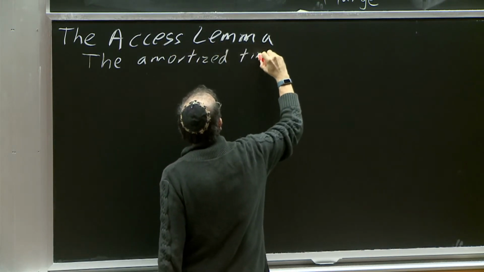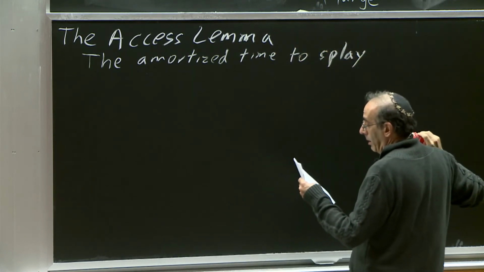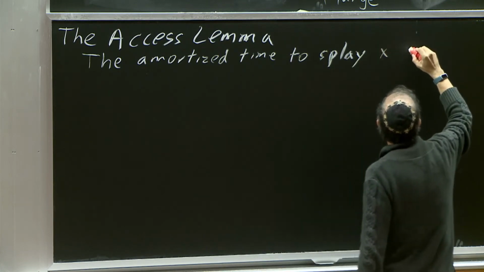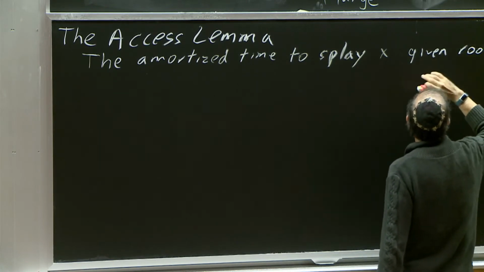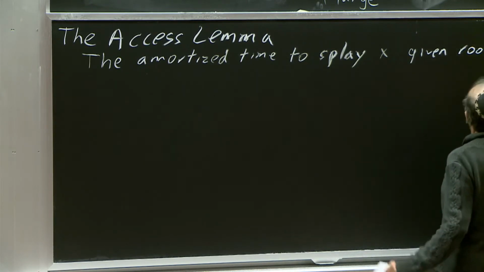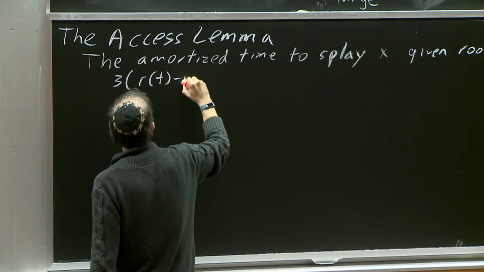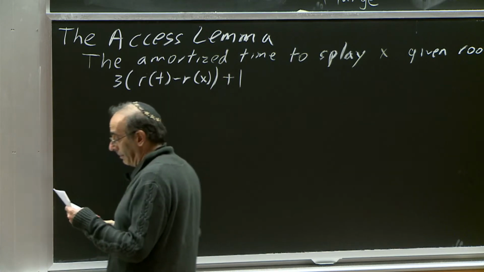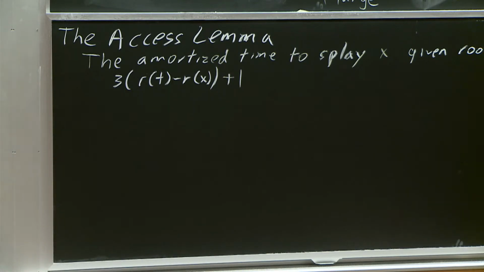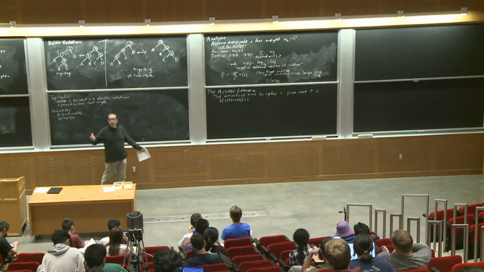The amortized time to splay x, given your current root t, is 3 times the difference in rank between the two nodes plus 1. And again, this is basically the only theorem you need to prove about splay trees. Everything follows from this lemma.